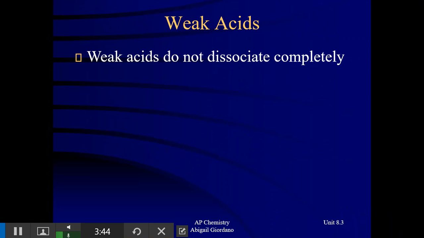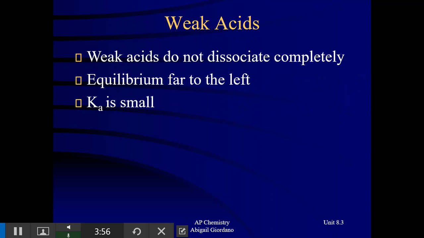As I said, weak acids do not dissociate completely. The equilibrium does not go very far in the forward direction. It goes mostly in the reverse direction, or towards the left. We will be given Ka values anytime you're dealing with a weak acid, and they are typically very small numbers, because that equation we saw on the previous slide proceeds very little in the forward direction, very little product.